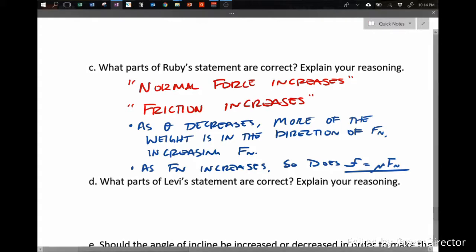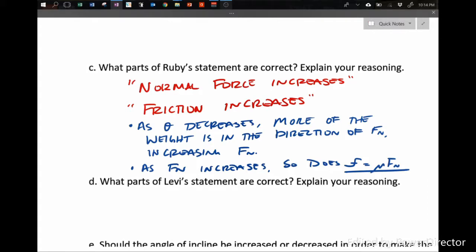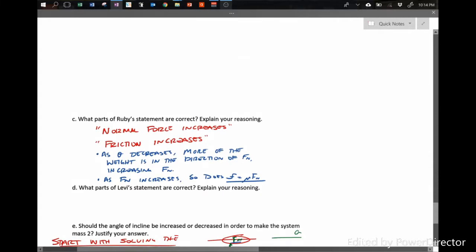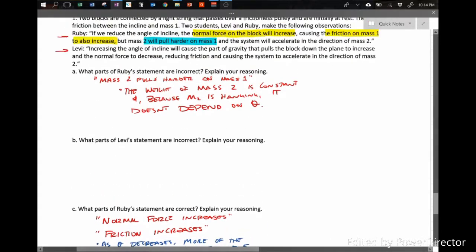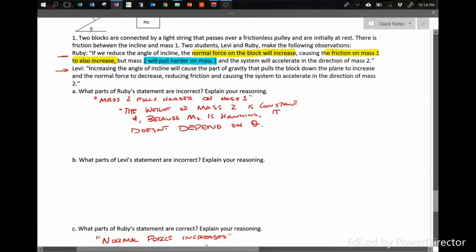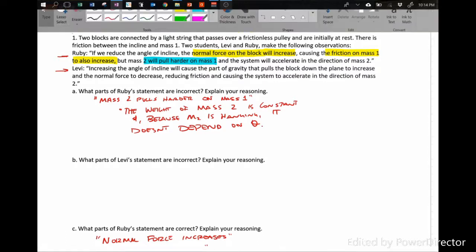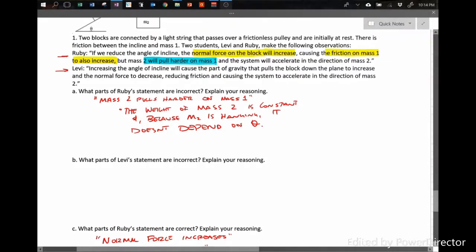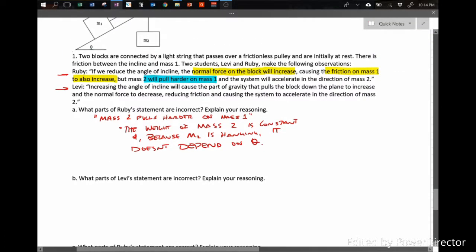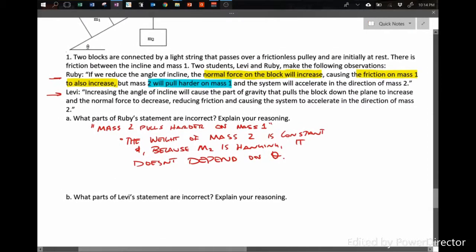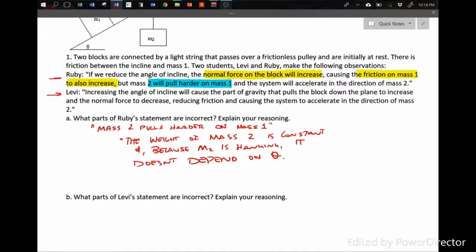That's much, much easier to do once we've already answered the question. Go ahead and break up Levi's statement as well. We'll do the same thing. We'll highlight all the correct parts in yellow and the incorrect parts in blue. So, Levi: increasing the angle of incline will cause the part of gravity that pulls the block down the plane to increase and the normal force to decrease.